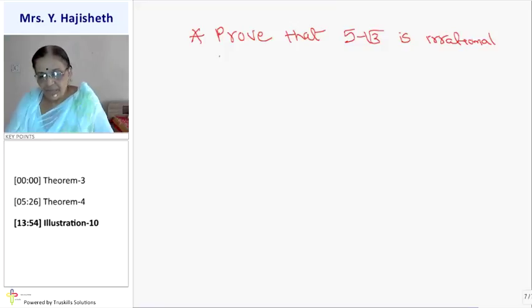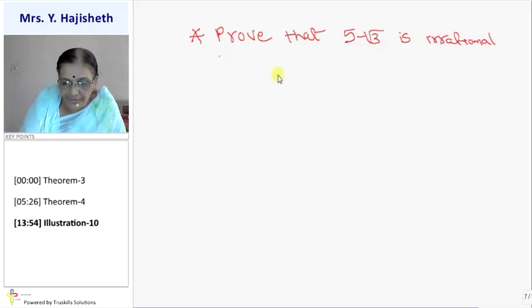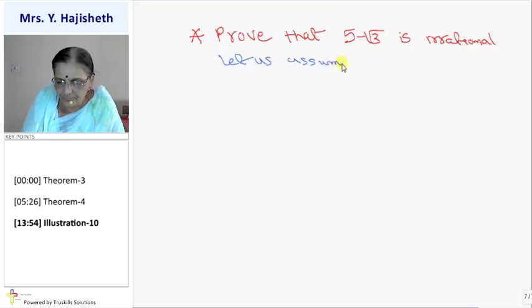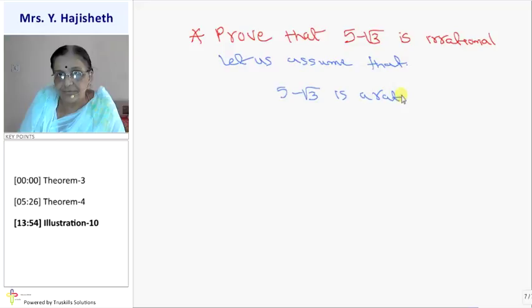Okay? See, let us assume that five minus root 3 is a rational number, suppose.